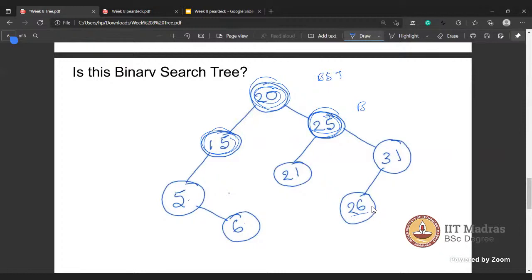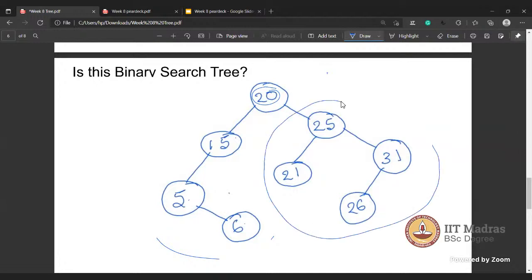Actually, it is not sorted, but we are dividing based on the value of x. So you have to check each node. For 20, whatever is in the left subtree, we have to check that all the nodes are less than 20 or not. Then in the right subtree, we have to check that all the nodes are greater than 20 or not.